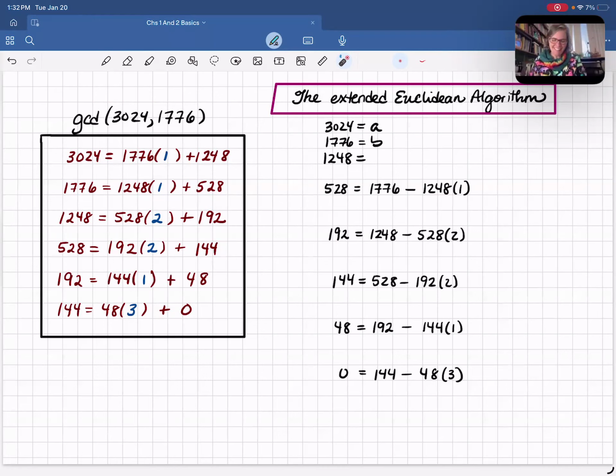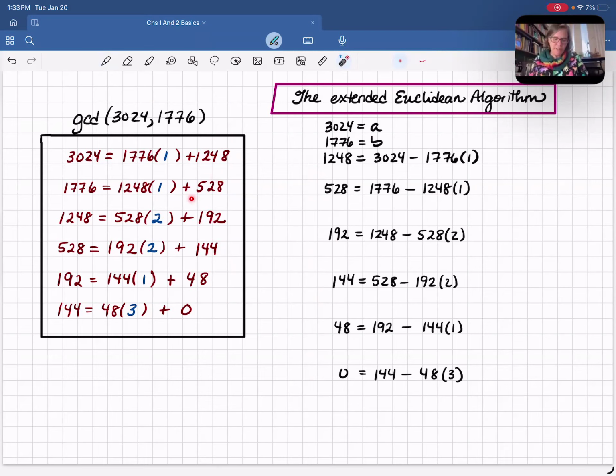Now, the next thing I did was that I took each one of these equations on the left and I rewrote them by solving for the remainder. So for example, this one I solved for 1248 and I have somehow erased it. So let me fix that. 1248 is 3024 minus 1776 times 1. Okay, there, fixed. So I solved for 1248 by subtracting the 1776 to the other side.